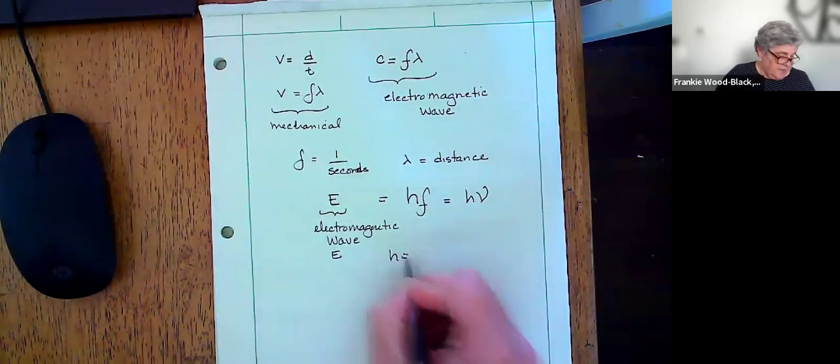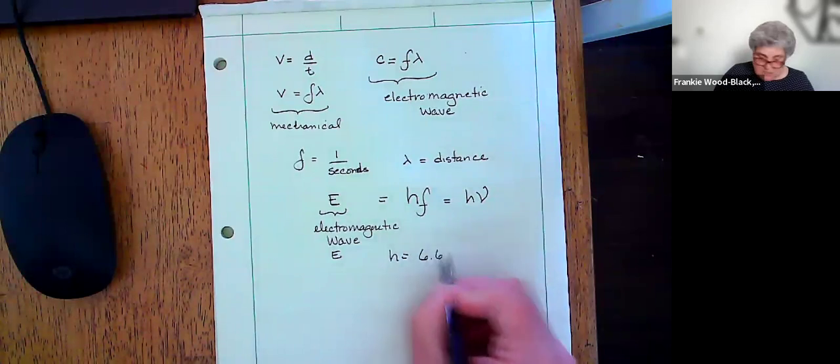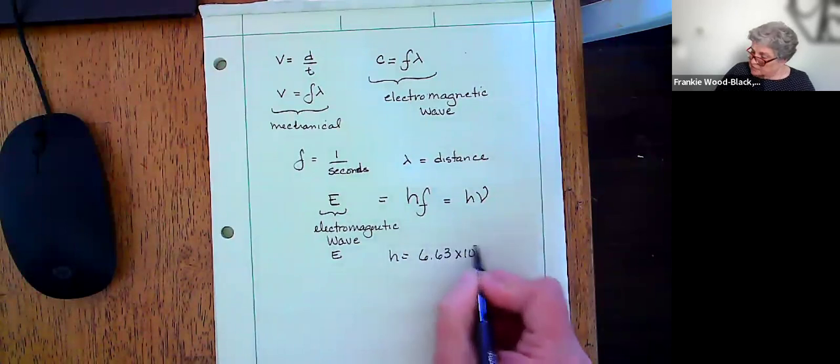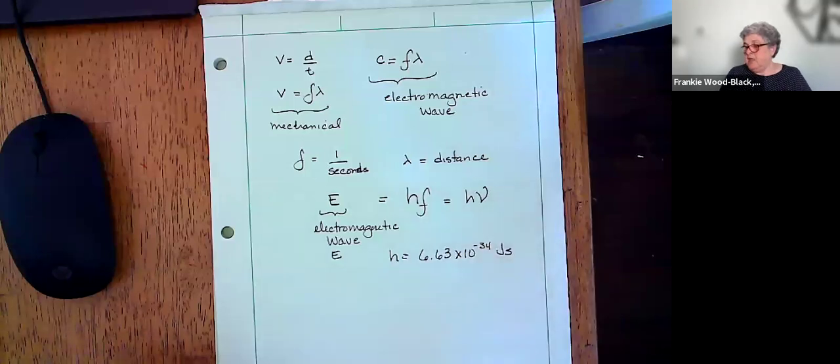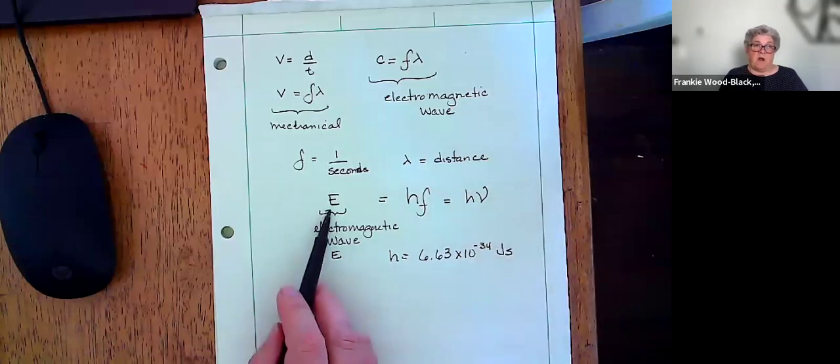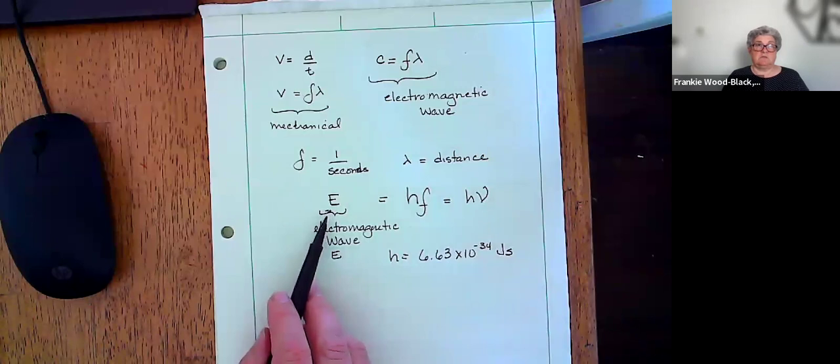And my Planck's constant is 6.63 times 10 to the minus 34 joule seconds. And so each range of my electromagnetic waves have different energies, right? They're going to have different energies.